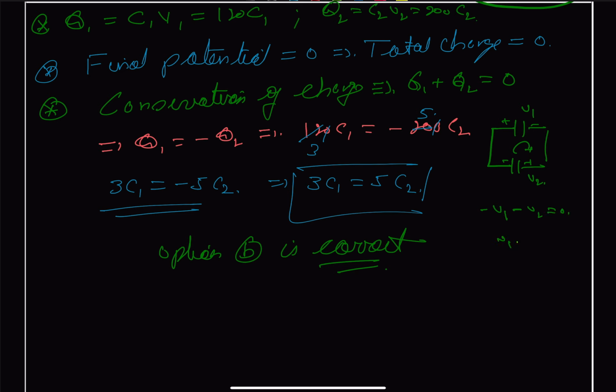So we can say V1 plus V2 is equal to 0. And this gives us that V1 is equal to minus of V2.